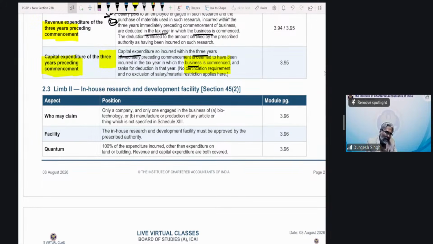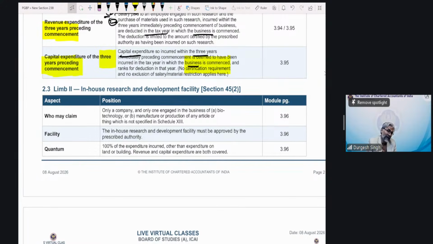Do you remember how much the deduction was? 200%. Then it got reduced to 150%, and now it is 100%. I'm quite sure that in your Inter CA, you would have learned it at the 100% rate. But there were times when 35(2)(ab), the old avatar of this 45(2), was allowed a deduction at 200%.